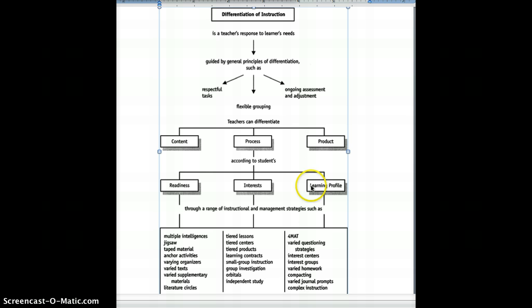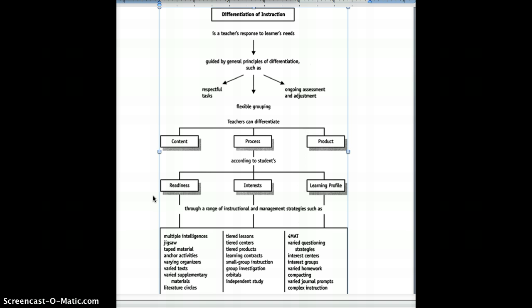And what it's suggesting over here is that you can differentiate according to different types of differences within a student. The first is readiness. What readiness generally refers to is academic readiness. If I have students in my classroom who are on different levels of readiness for the content I plan to teach, some more advanced, some more behind, some right in the middle, I can differentiate in my classroom based on that.